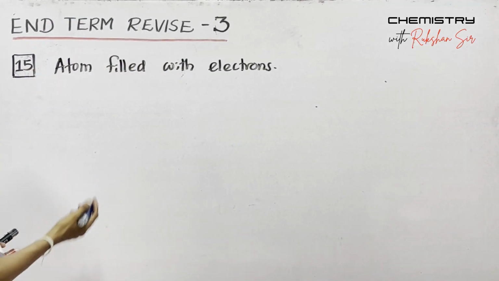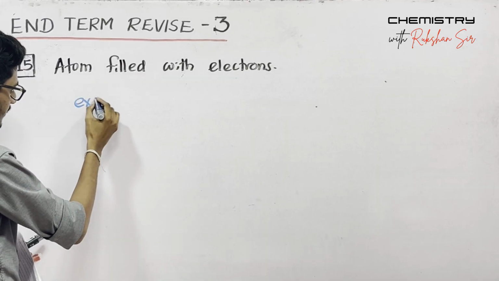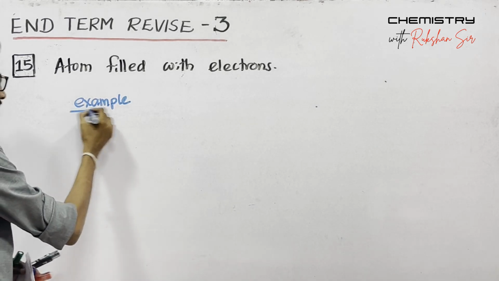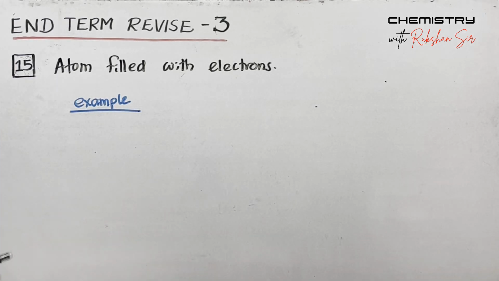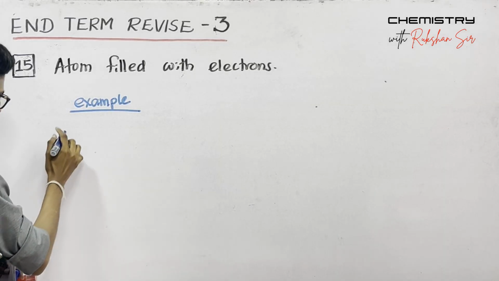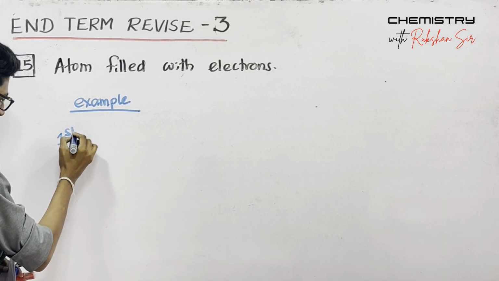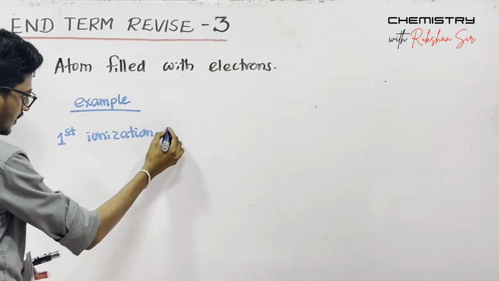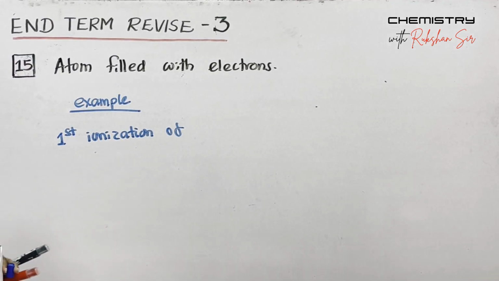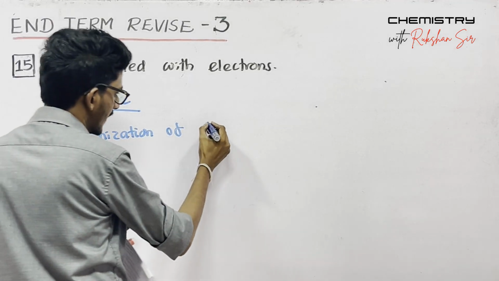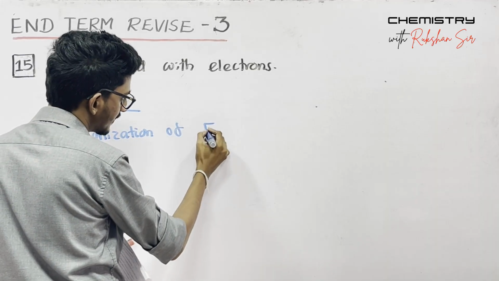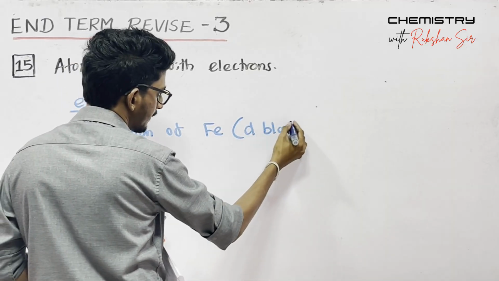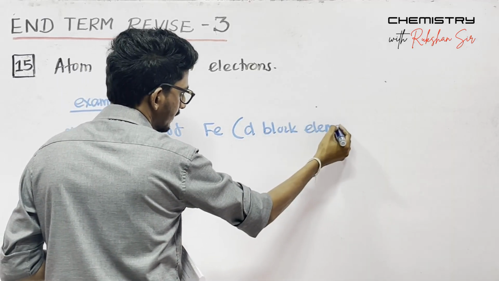I'll take some example: first ionization of, let's say, iron. It's a d block element.